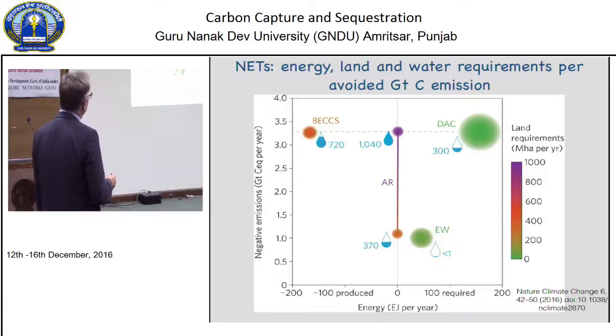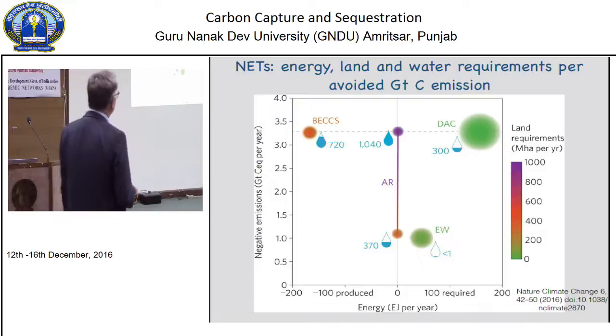Here's BECS, okay? You see the land requirements are pretty severe, but we produce a lot of energy, and we have a very significant impact on mitigating CO2. And this is why BECS is so popular. Direct air capture, the land requirements are minimal, but the energy requirements are extreme.